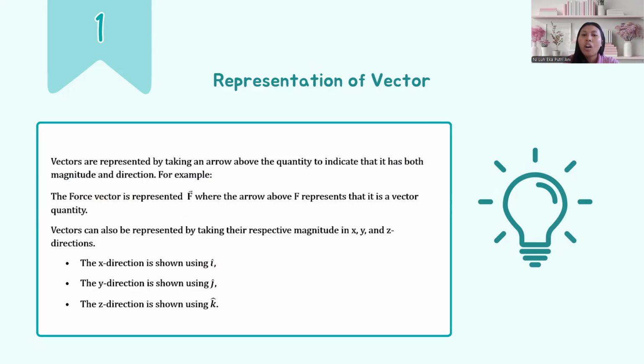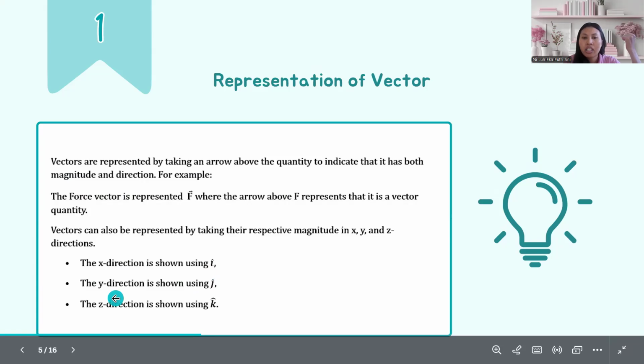A vector can also be represented by taking their respective magnitude in x, y, and z direction. The x direction is shown using i hat, the y direction is shown using j hat, and the z direction is shown using k hat.